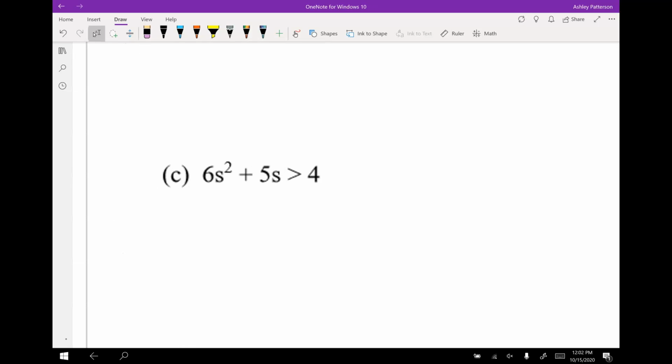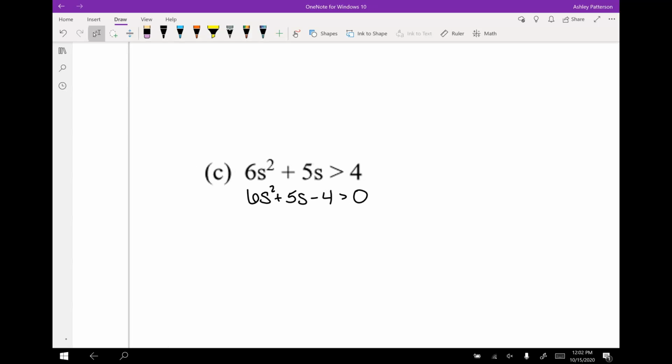Again, this is not in standard form, so I'm going to go ahead and subtract 4 from both sides. I get 6s squared plus 5s minus 4 is greater than 0. And in order to solve, we could factor. We could use completing the square. I'm going to go through the x factor method, just in case we need some extra practice, okay?